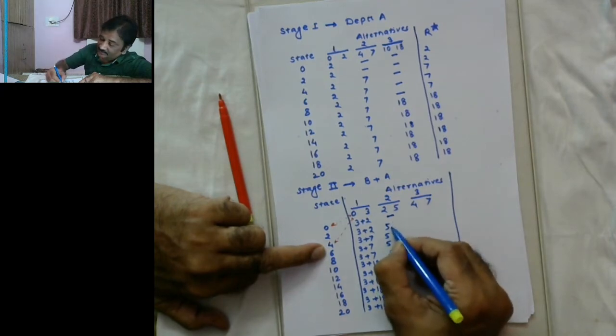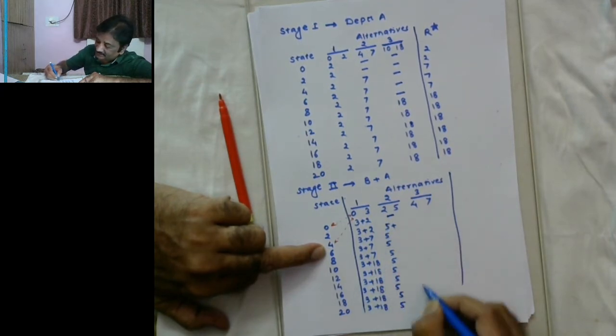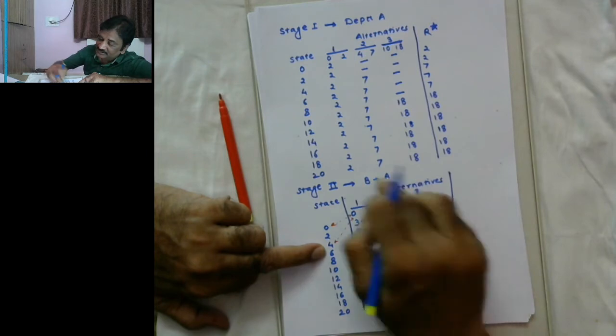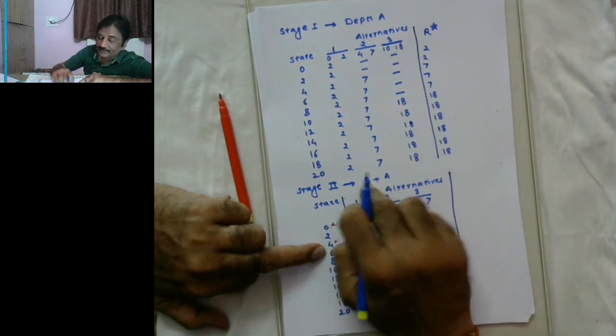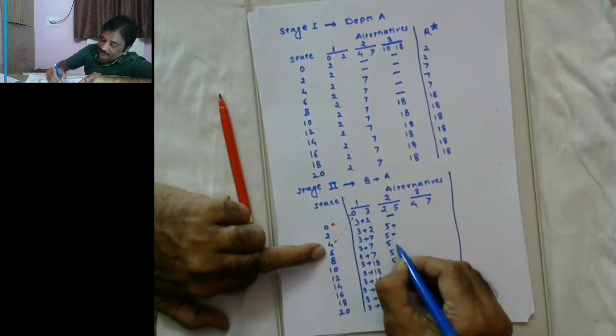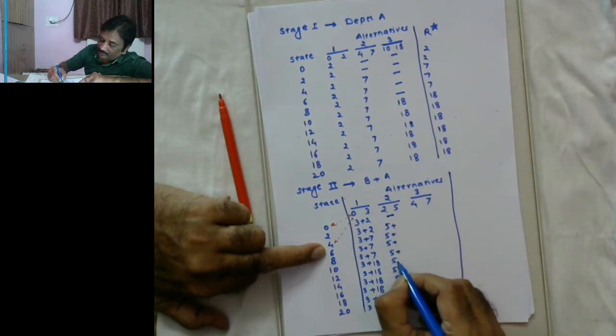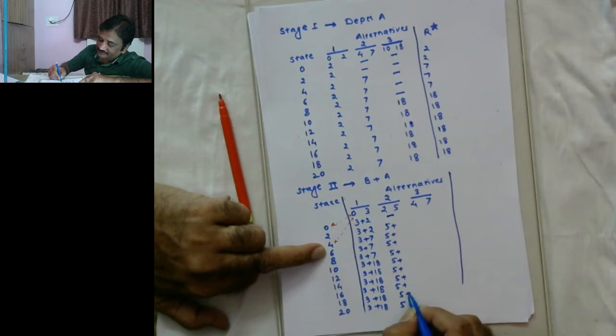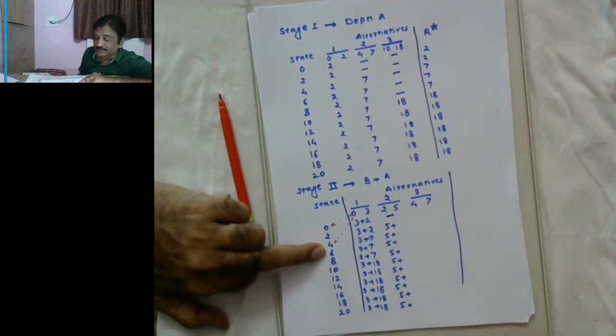Now the second component will come here. This is the return because of investing in department B. The second component will be coming from the previous stage.